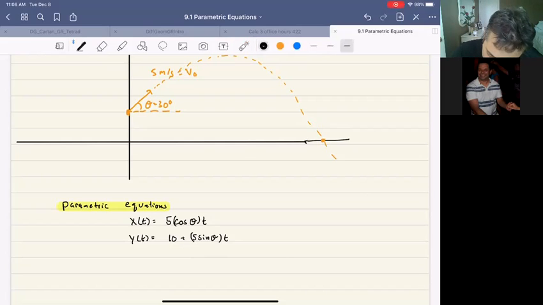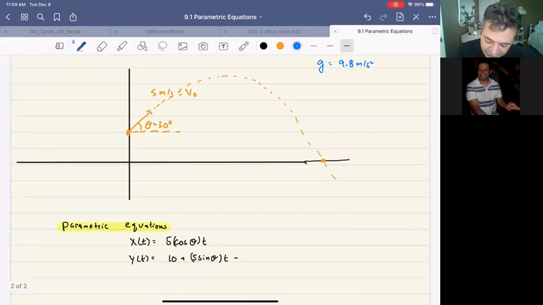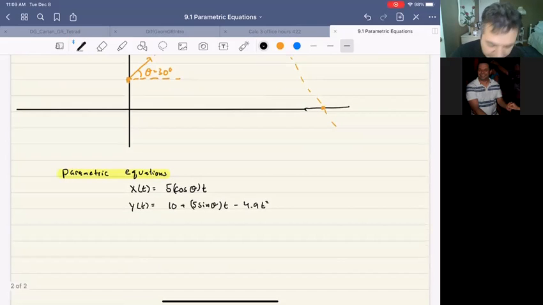Minus, since we're in meters per second, our g is 9.8 meters per second squared. So it's minus 1/2 of that, 4.9 t squared.